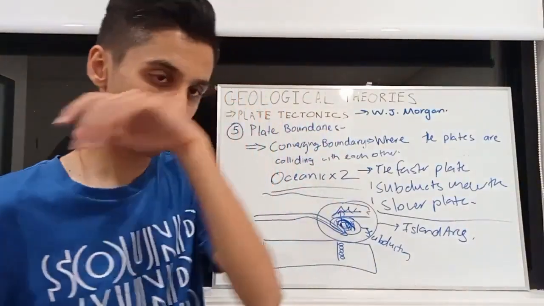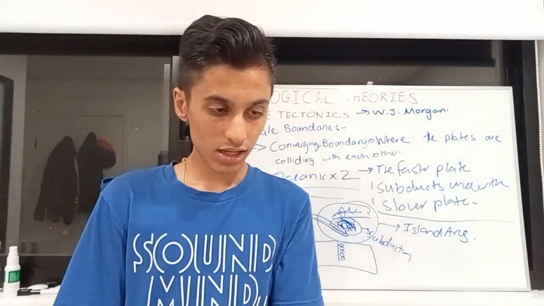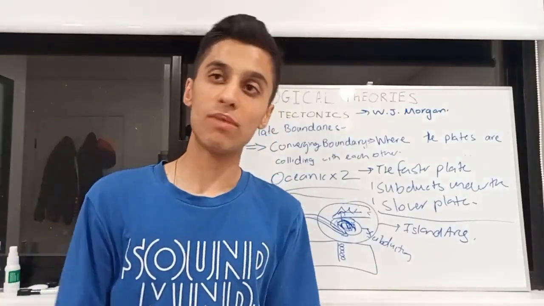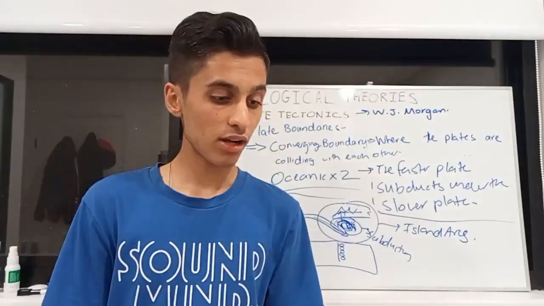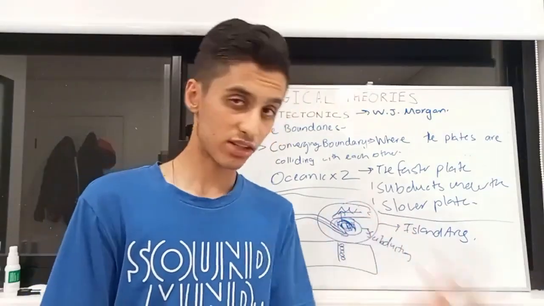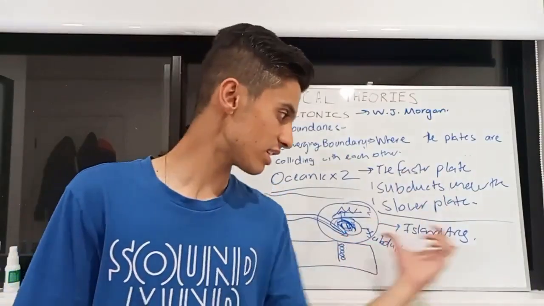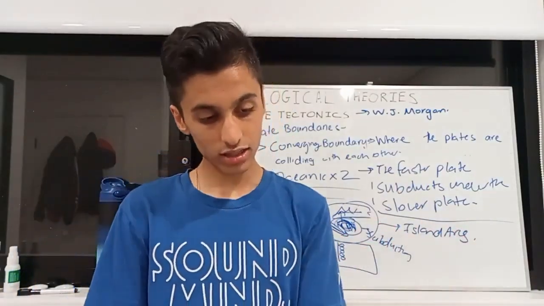So now you just have a bunch of volcanoes, and you've created so many islands. Once these volcanoes erupt, they create islands, and this entire thing is known as an island arc.